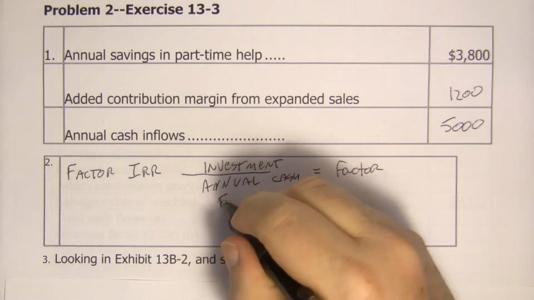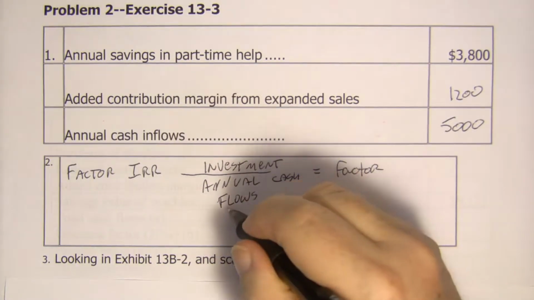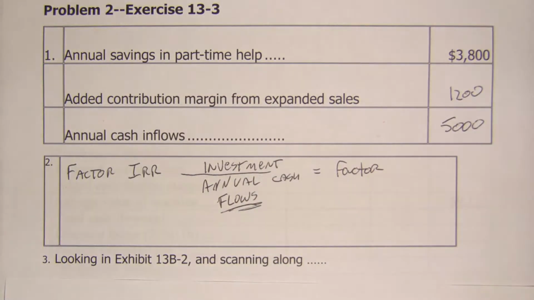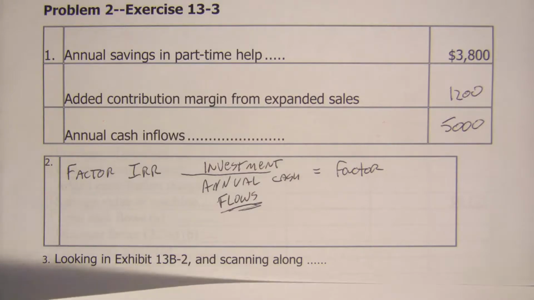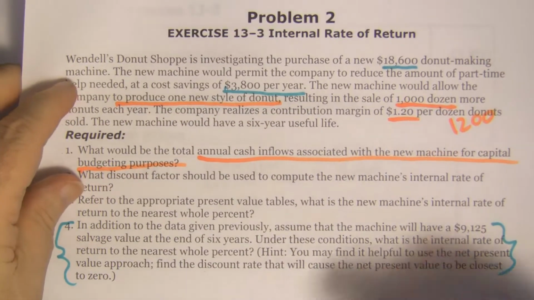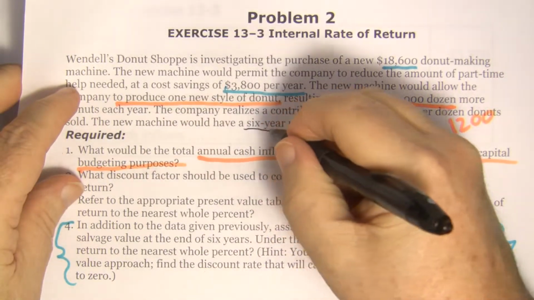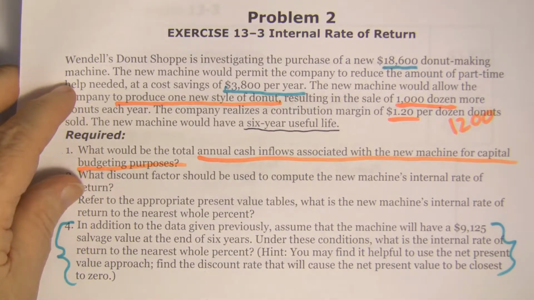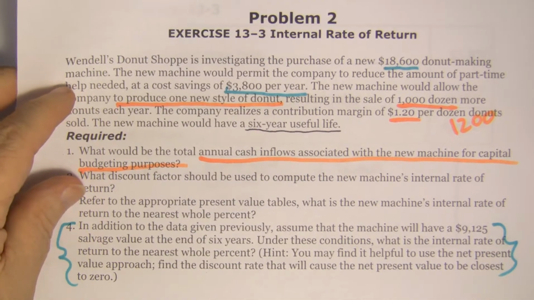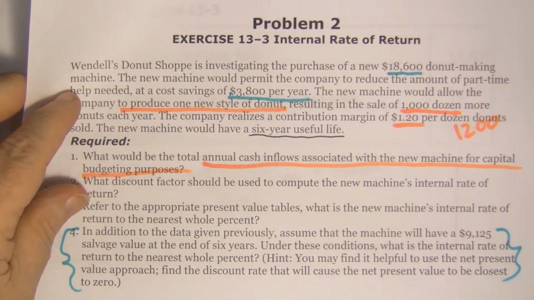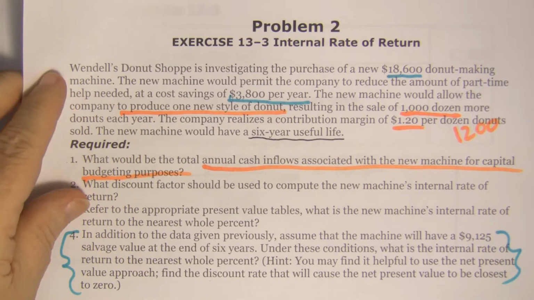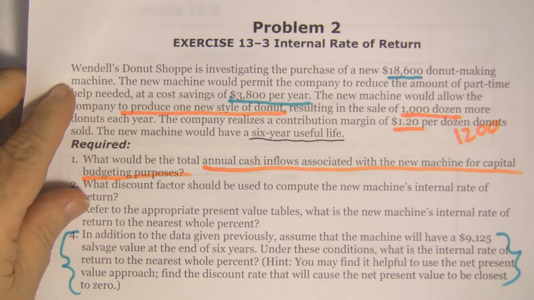Now what I need you to see is a couple of things. First of all, these are cash flows over a period of time, therefore these are annuities. So what do they tell us the useful life of this machine is? 6 years. So this new machine has a 6-year useful life.